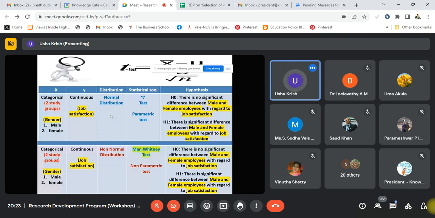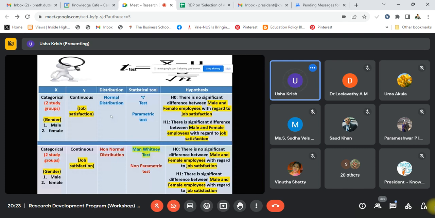Null hypothesis: there is no significant difference between male and female employees with regard to job satisfaction. Alternative hypothesis: there is significant difference between male and female employees with regard to job satisfaction.